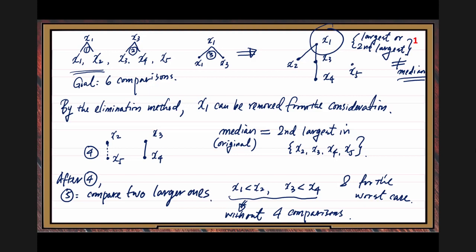Okay? The larger one would be the largest, right? Not the second largest. So the winner won't be the solution, because the winner is the largest one of the 4. We don't need the largest one. We need the second largest one. Okay?